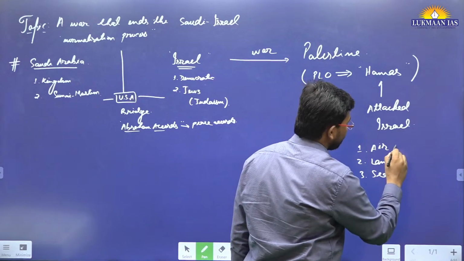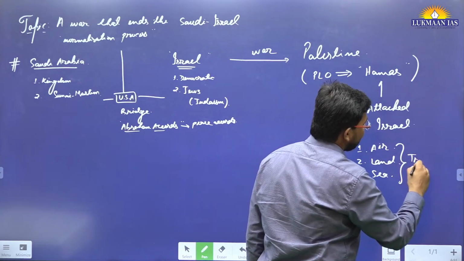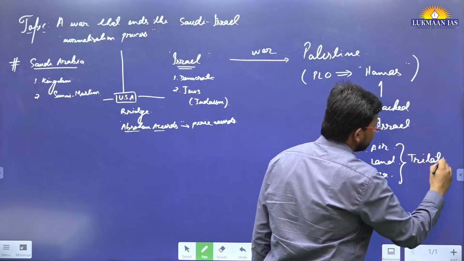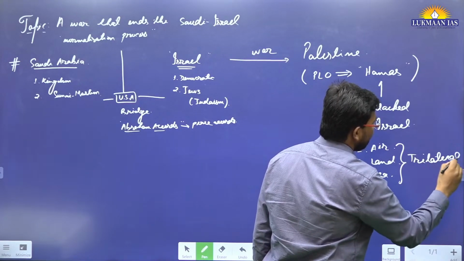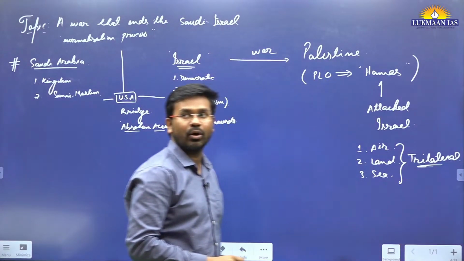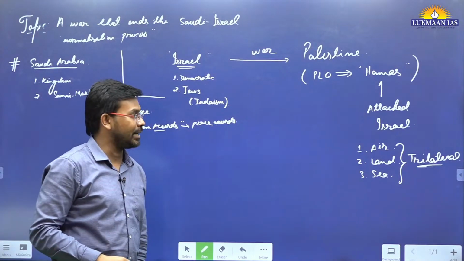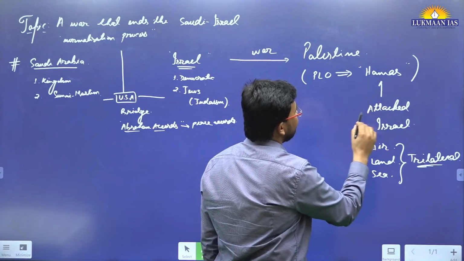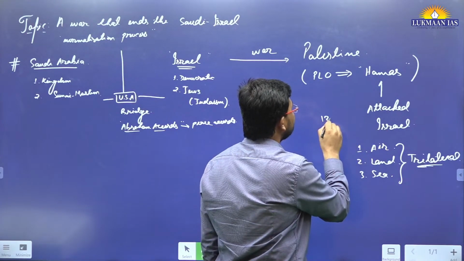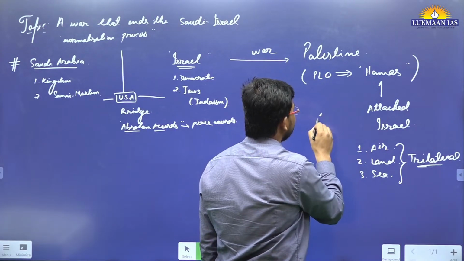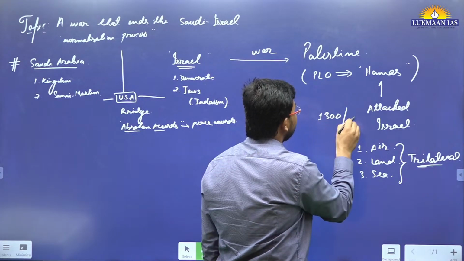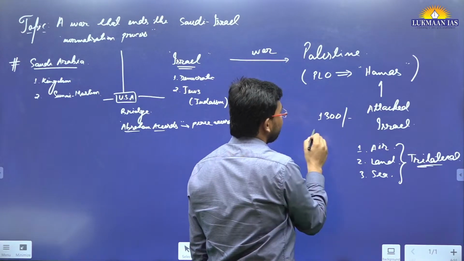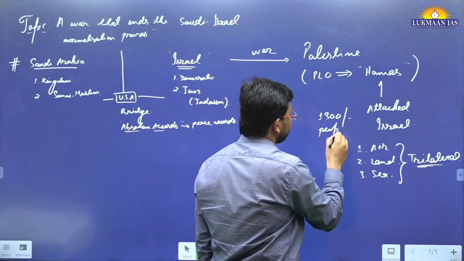So it is a trilateral attack, meaning they attacked from all the fronts on Israel. This attack has killed around 1,300 people in Israel.